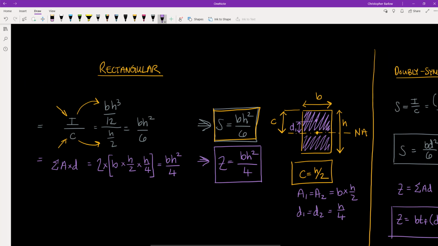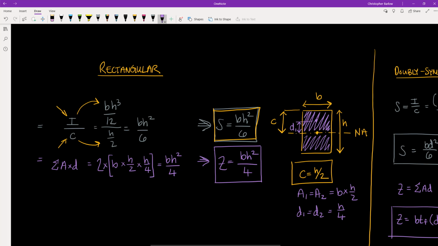Where we draw this line is called the plastic neutral axis. In the case of a symmetric shape like this rectangle, the elastic neutral axis and plastic neutral axis will be the same. And for all the shapes that we analyze in this course, they will be the same.